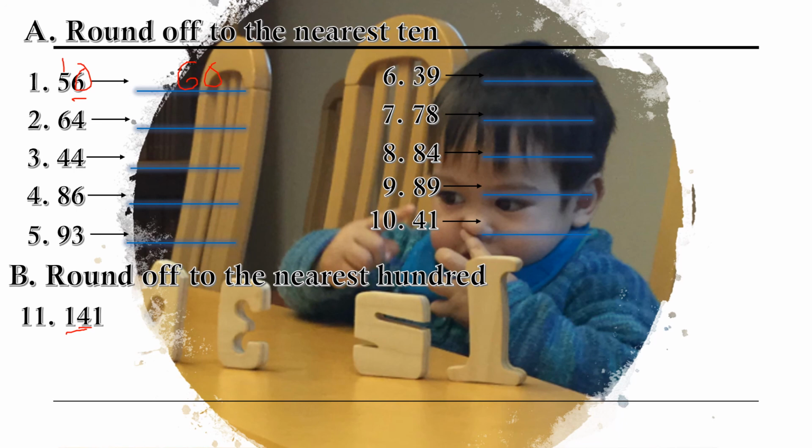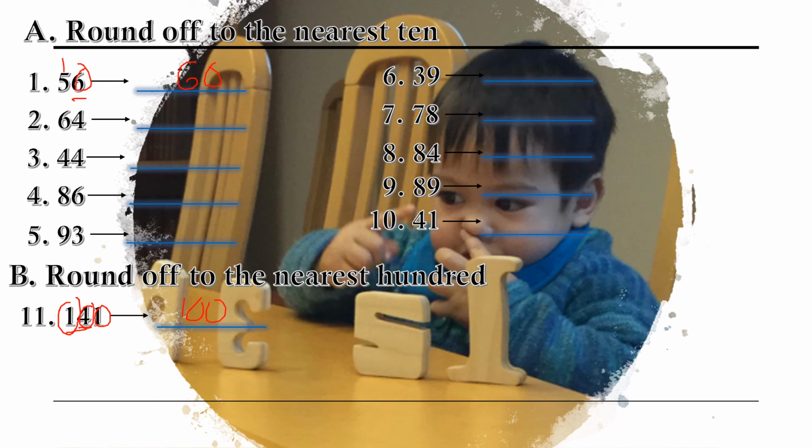It's round down. Okay? You're going to retain this number and all these digits you're going to change to 0. Okay? Therefore, 140 is rounded to 100. Okay?